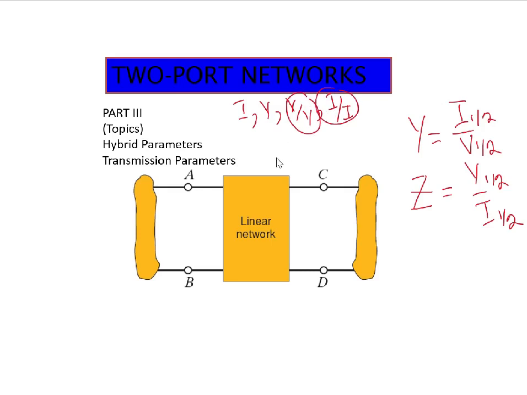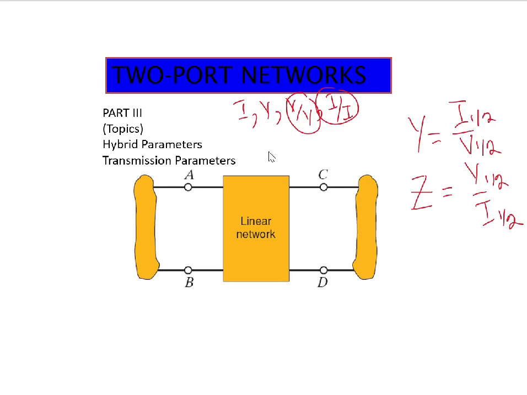So this is the main difference between y parameters, z parameters and hybrid parameters: y and z parameters both are unique and both have the properties of some impedance or some admittance. If we say y parameters, all four things, y11, y12, y21 and y22, would be admittances.